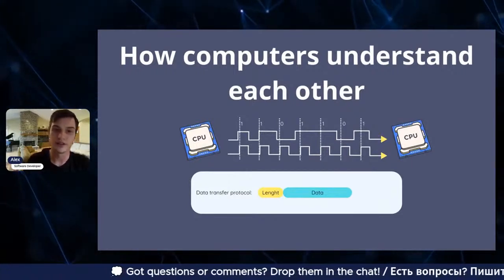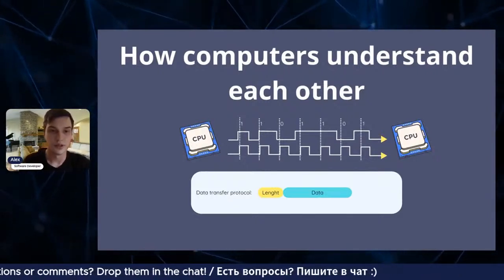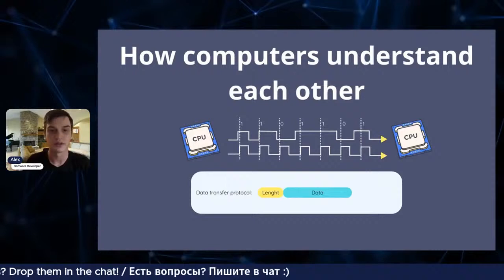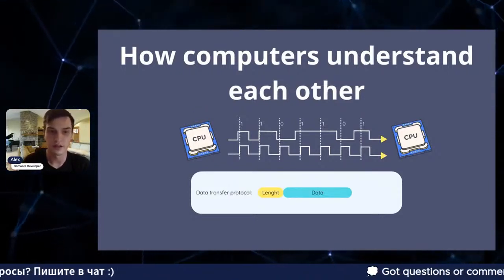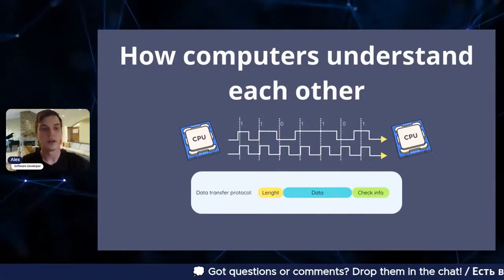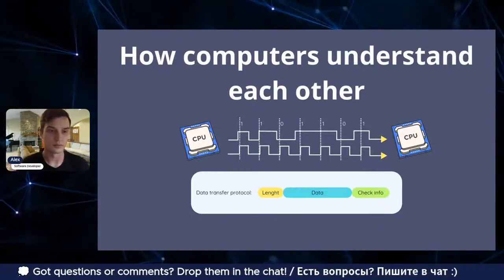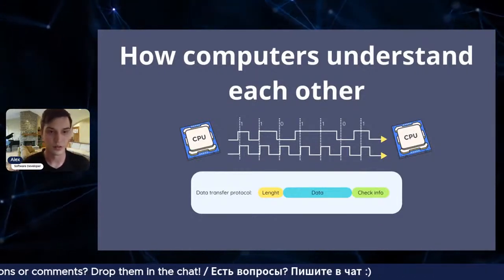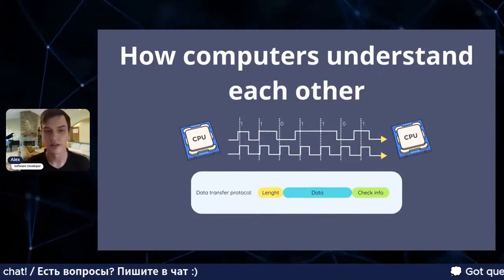But there is another really important thing in this kind of communication: we need to check the information. The receiver needs to check that the information it received is okay and it can work with it. And here comes the check info. The goal is to understand that the information is okay. It is usually called a checksum.